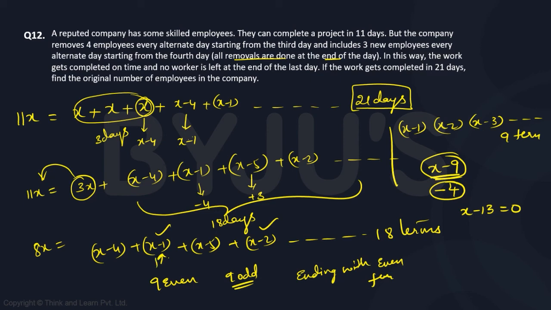Always notice here, minus 4 is removed, that's why you get x minus 5. Here minus 4 will be removed, that's how you'll be getting the next term as x minus 6, which is the odd term. So on x minus 9, the even-termed day, 4 people will be removed. So at the end of the day, the total will be x minus 13, but that is 0. So my x should be equal to 13.